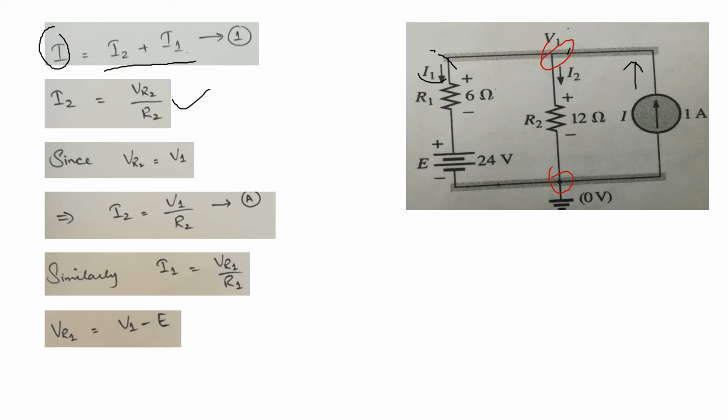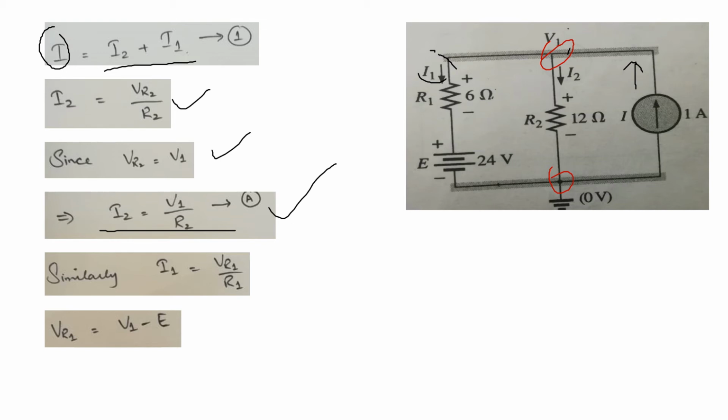Basically the voltage is V1, so VR2 equals V1. So I2 is equal to V1 divided by R2. We name that equation A.